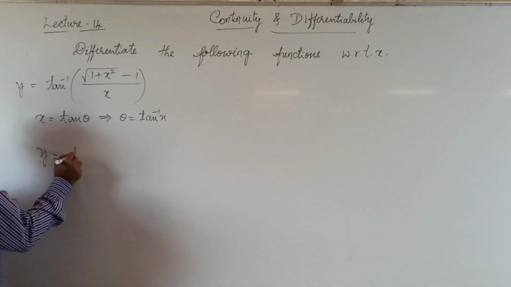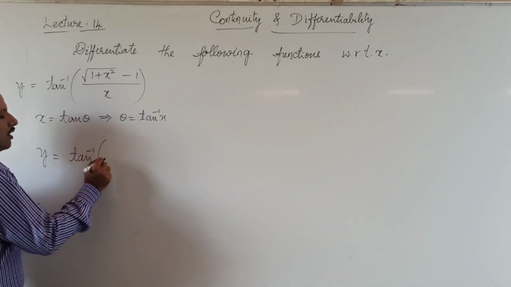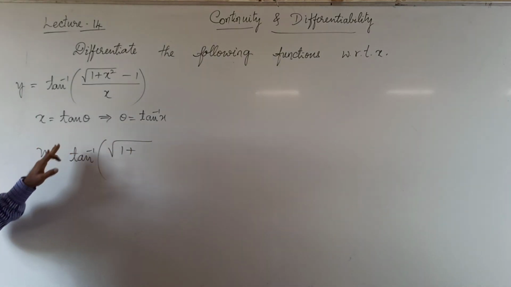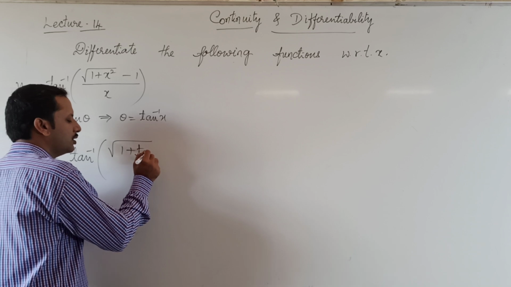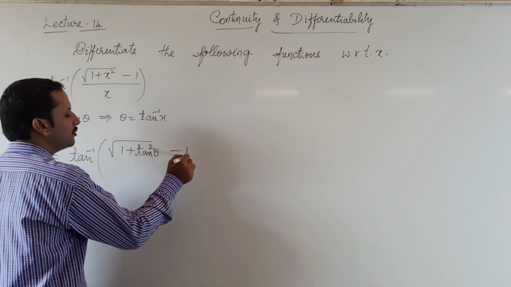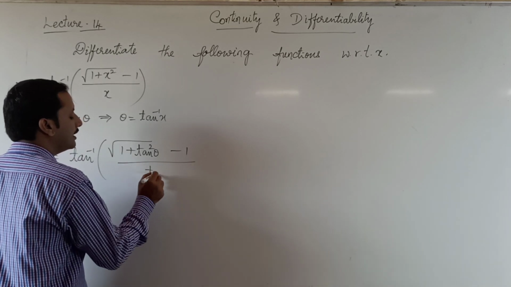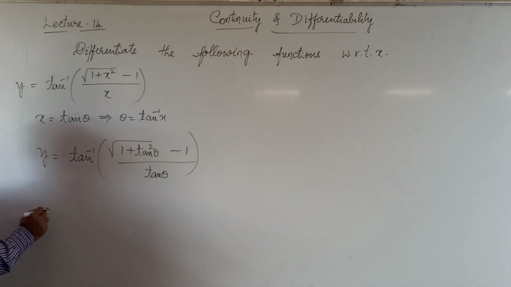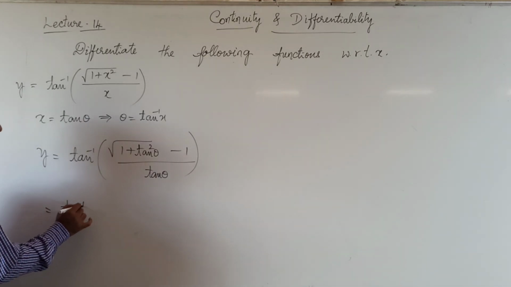So y is equal to tan inverse of root of 1 plus x square minus 1 divided by x. In place of x, I am substituting tan theta. So 1 plus tan square theta, minus 1, divided by tan theta. 1 plus tan square theta is secant square theta.